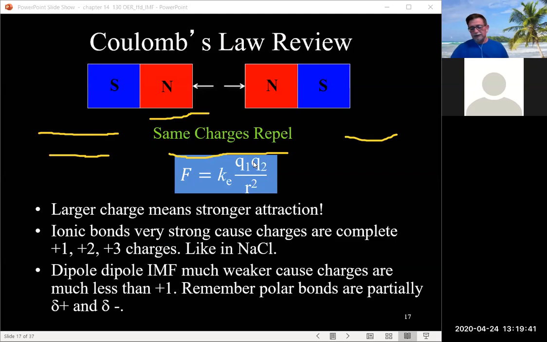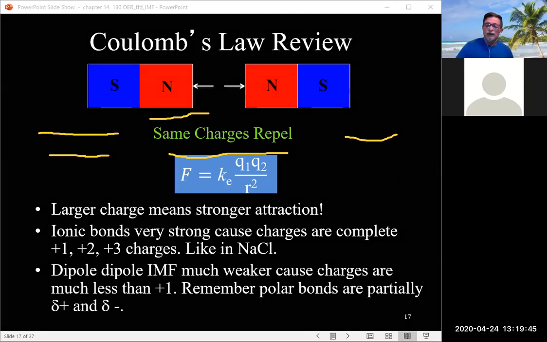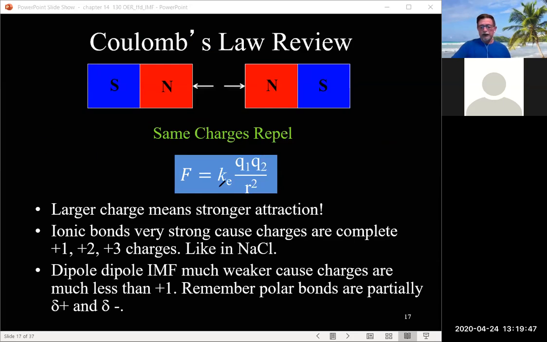And this equation is what all that is saying. Now, K is a constant, so we don't have to worry about it, okay? It's always going to be the same. Q1 and Q2 are simply the charges, okay?